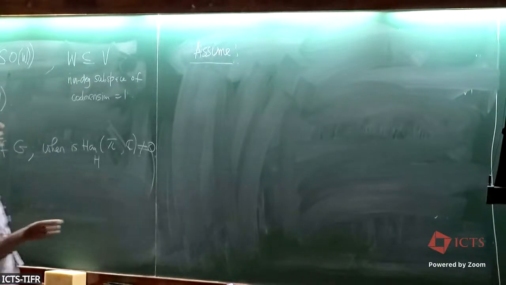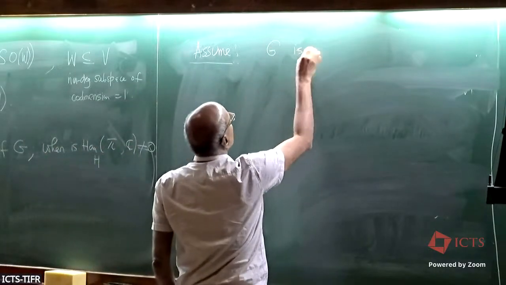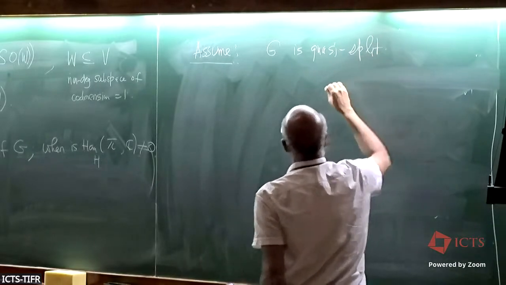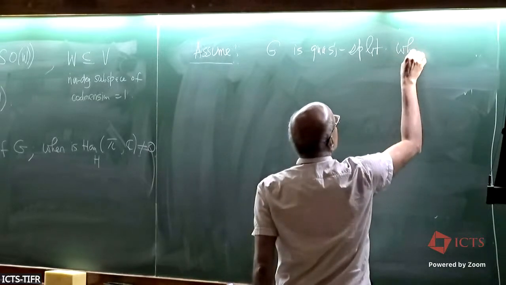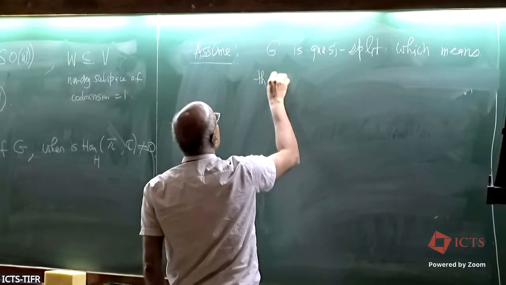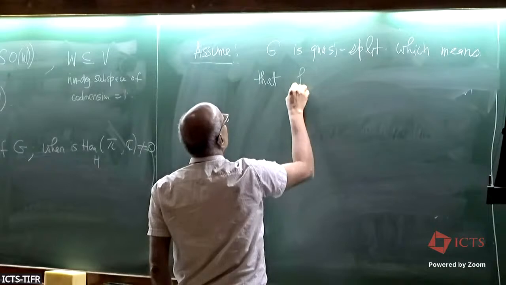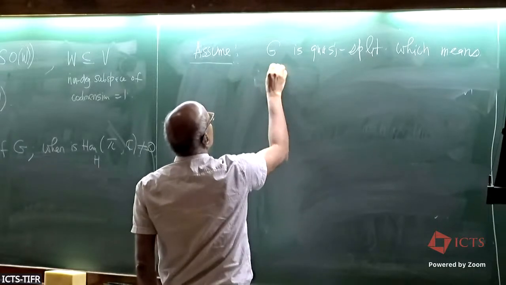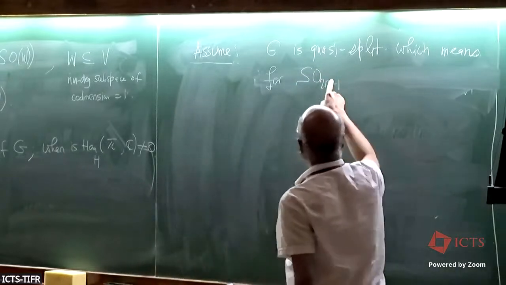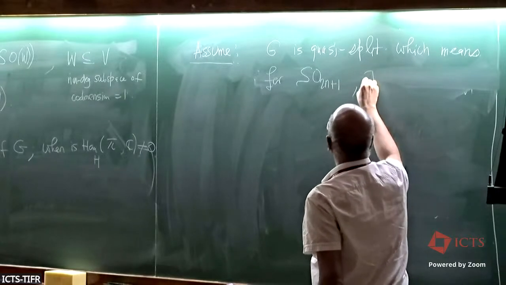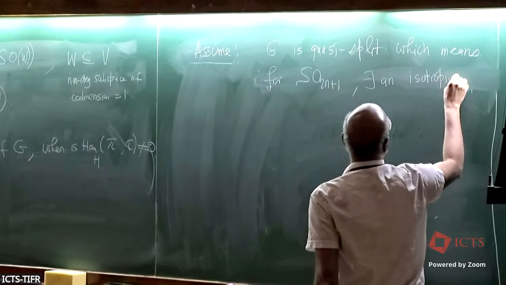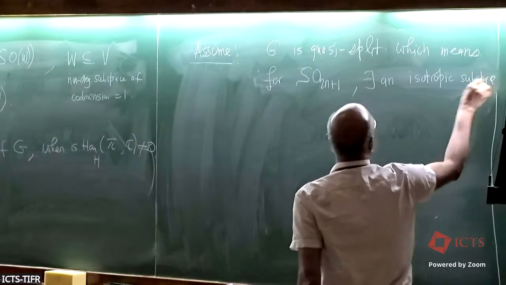So assume G is quasi-split, which means, okay, for SO(2n+1) corresponding to a vector space V, there exists an isotropic subspace of dimension n.